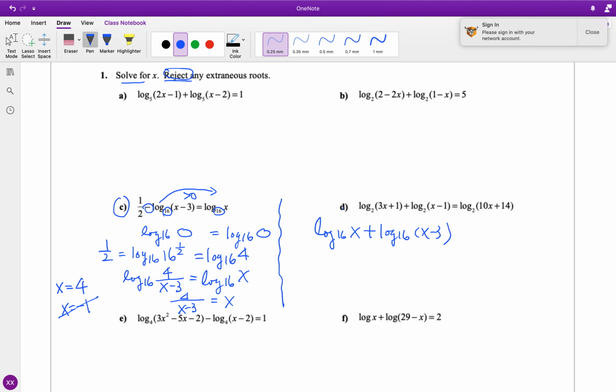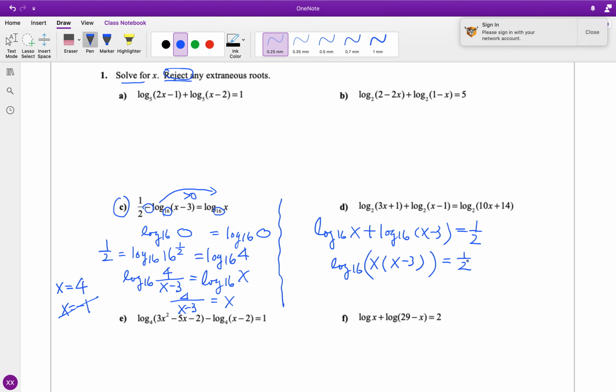Subtraction where there's a negative becomes a positive, and that equals 1 over 2. And then here again, I use the product rule. So that means log base 16 of x times x minus 3, this whole thing equals that.